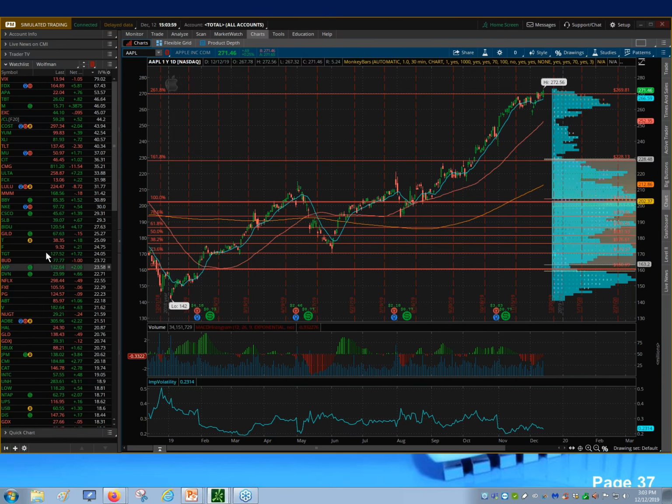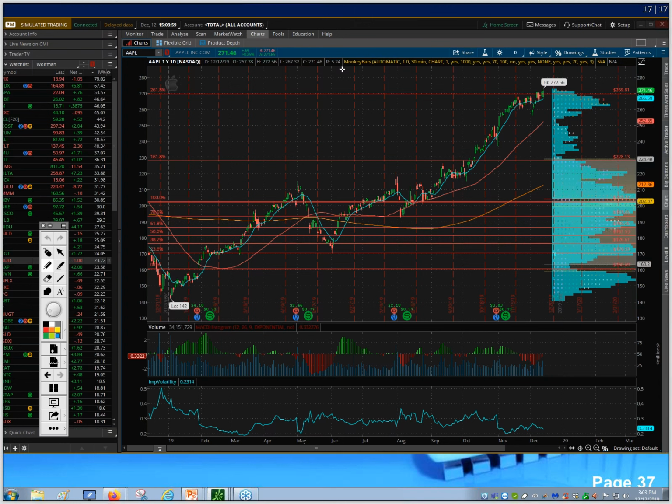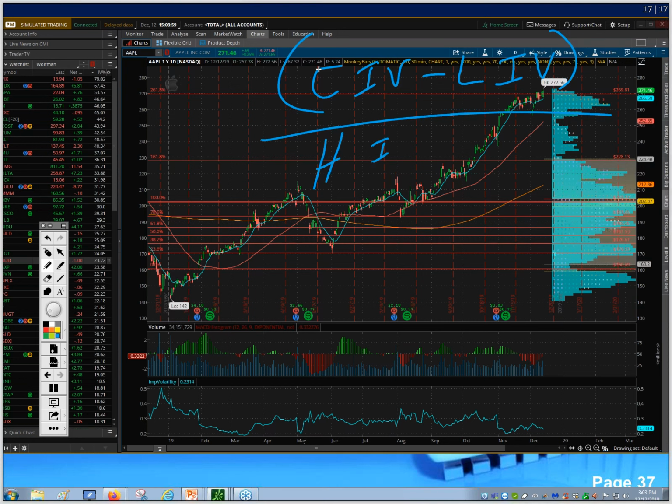What we want is the current IV minus the low IV, and we take that and divide it by the high IV minus the low IV, all right? So in this case, we said we had 51, or sorry, that's not right. Let me erase that.